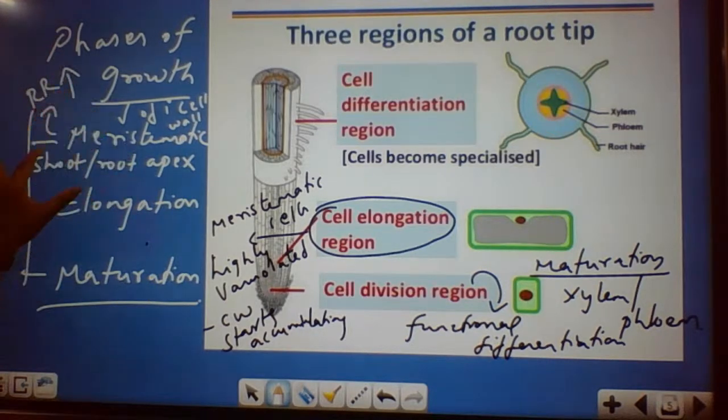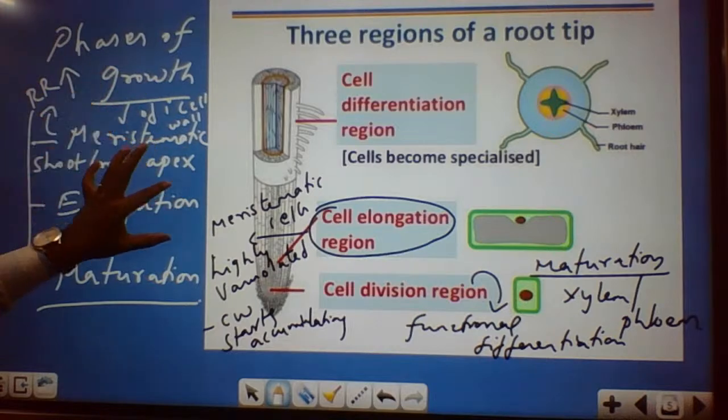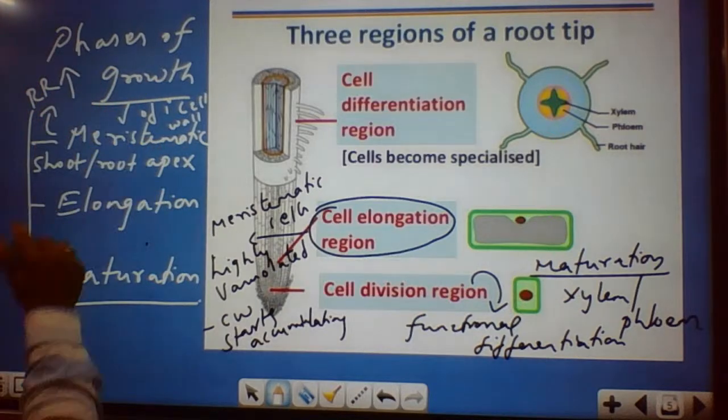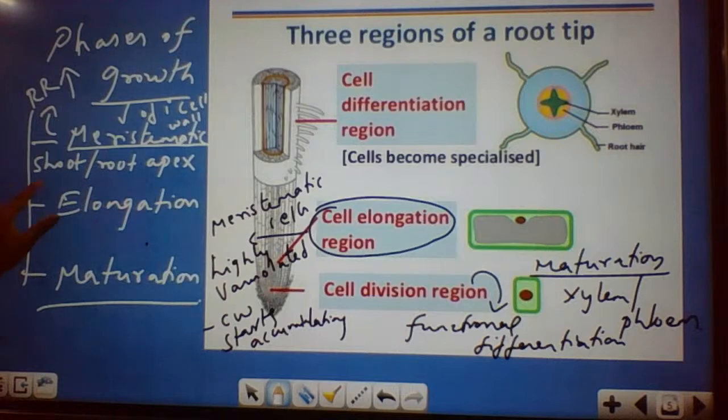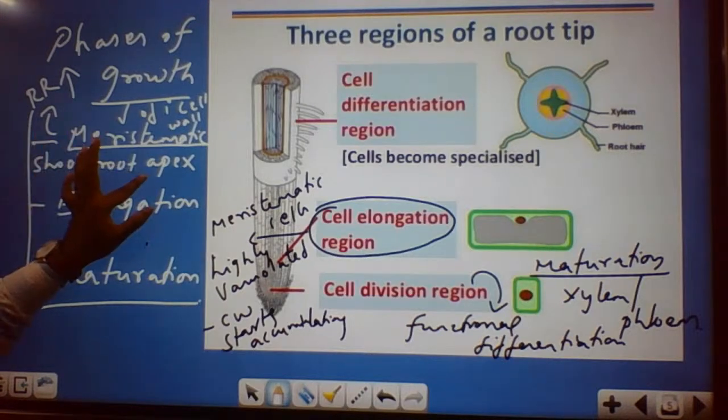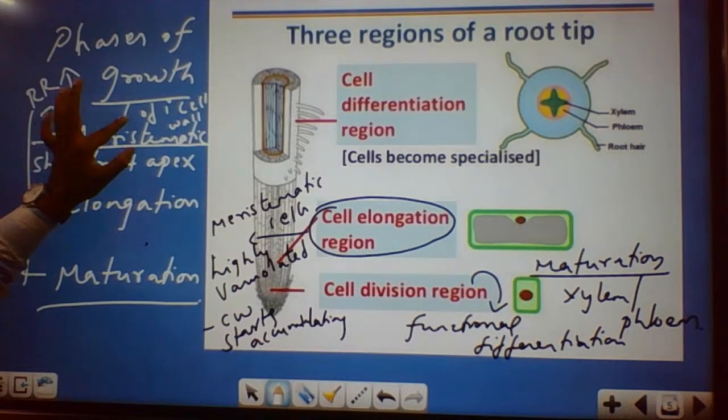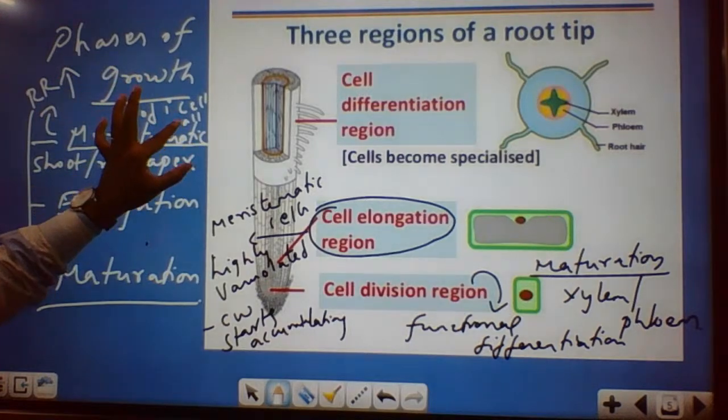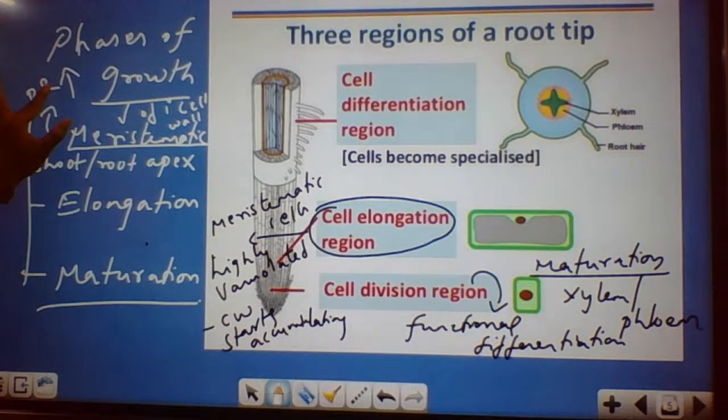Since these three things are a clump, I'll repeat once again: the meristematic phase is seen in the shoot and root apex region, with the presence of the primary cell wall, and the RR, meaning respiratory rate, is increased.